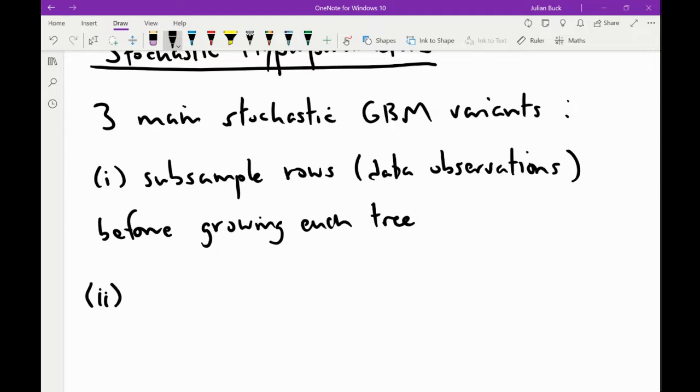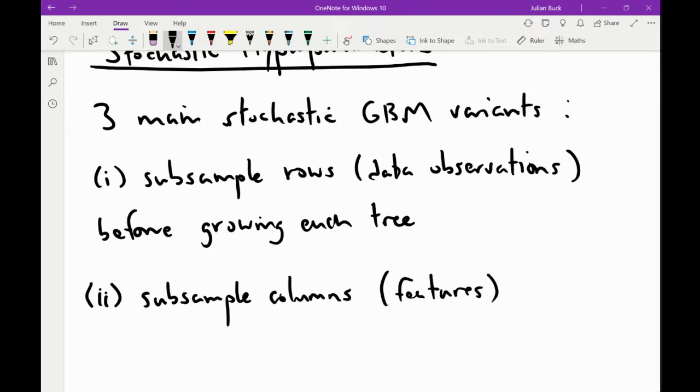So the idea in approach one is that when we train each tree, we're only going to train it on a subsample of the training data, some random sample of the training data. The second approach is to subsample columns, so features, before growing each tree.